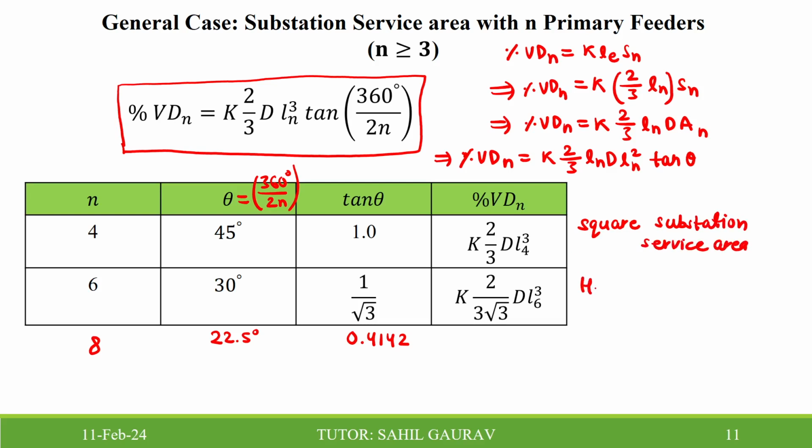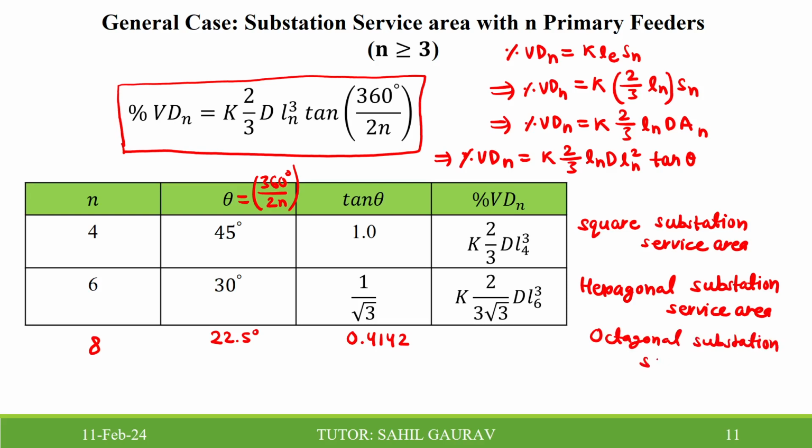And if we are having six number of primary feeders, then a hexagonal substation service area. And if we are having eight, then it represents an octagonal substation service area.